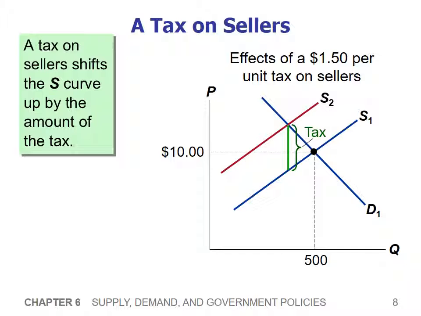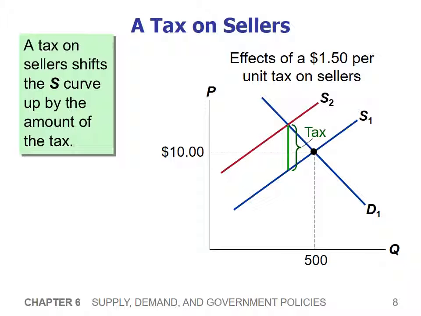So now the supply curve captured the lowest price that a seller is willing to accept to supply a given amount of a good. So in our case, the lowest price the sellers were willing to accept to sell 500 pizzas was $10. Now you're asking them to pay a tax of $1.50 to the government.